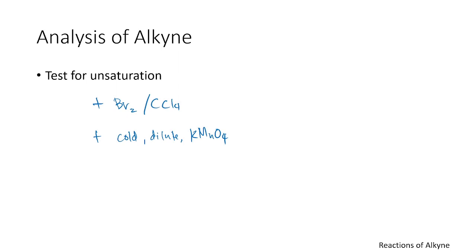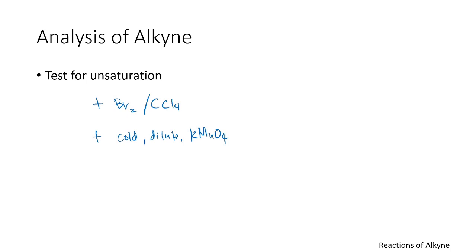And for the cold dilute KMnO4, we will have formation of a brown precipitate and disappearance of the purple color of the KMnO4. So, same concept when it comes to KMnO4 and Br2, bromine and carbon tetrachloride.